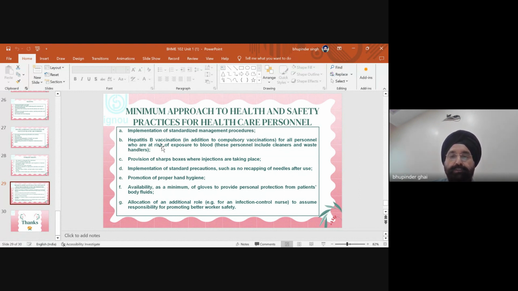Hepatitis B vaccination, in addition to compulsory vaccinations like BCG, typhoid, and tetanus. Those are the compulsory vaccinations. On top of that, the vaccination for hepatitis B should be there.